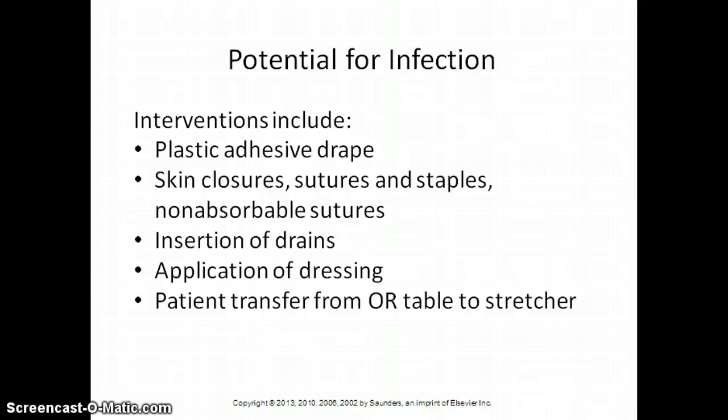So the goal is that our patient is expected to have an uninfected surgical wound or wounds, but be aware of what the indicators are for wound infection. So taking a look at those wounds and ensuring the edges are closed and not excessively red or swollen. The wound is free from any purulent or pus-like drainage, and that our patient's white blood cell count is remaining in normal limits or what is expected postoperatively.